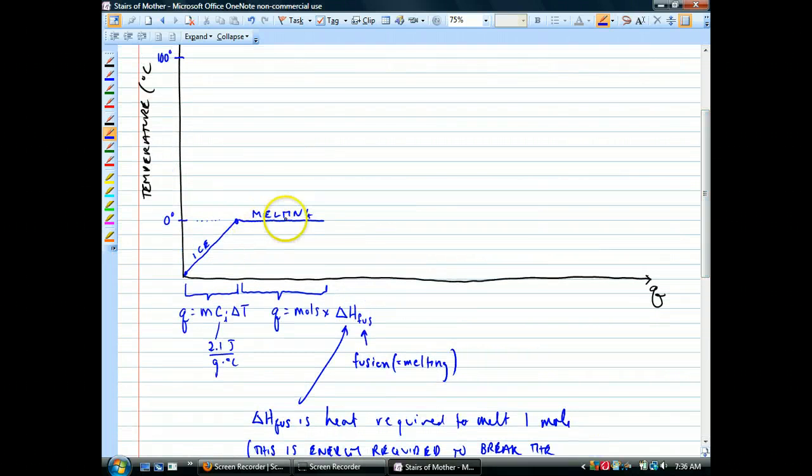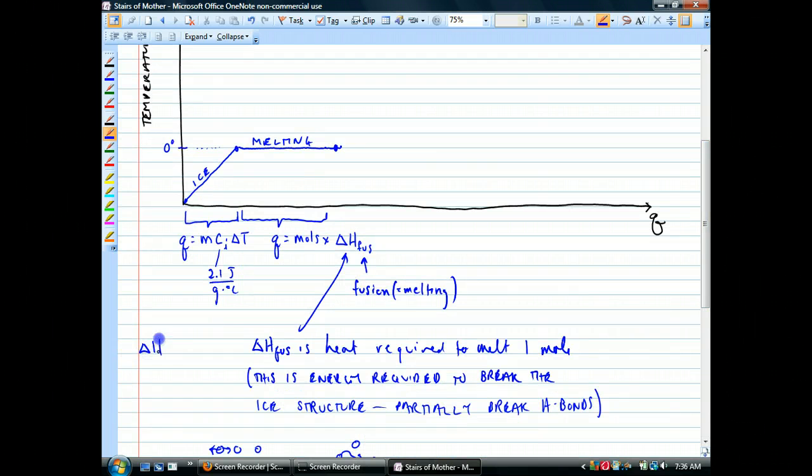So what happens is the temperature doesn't change even though I'm adding heat until I reach this certain point right here. Oh, by the way, what is the heat of fusion for ice? Delta H of fusion for ice is 6.01 kilojoules per mole.